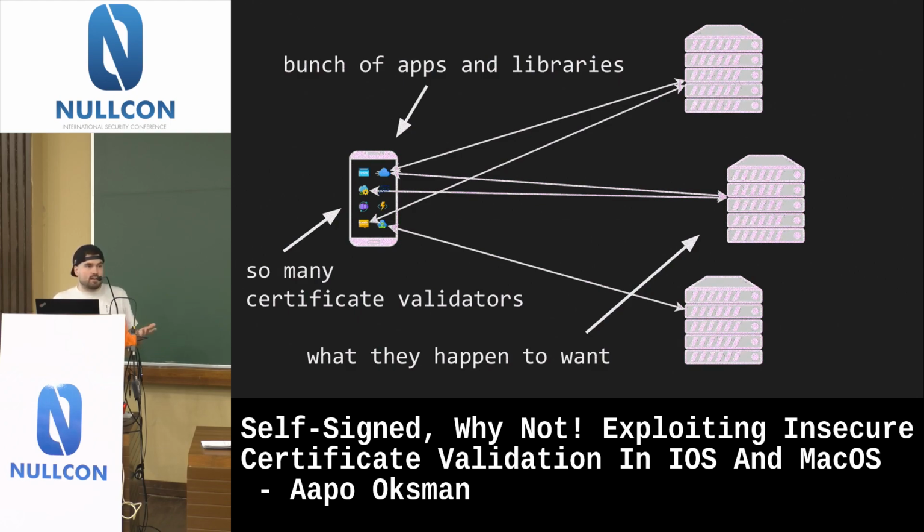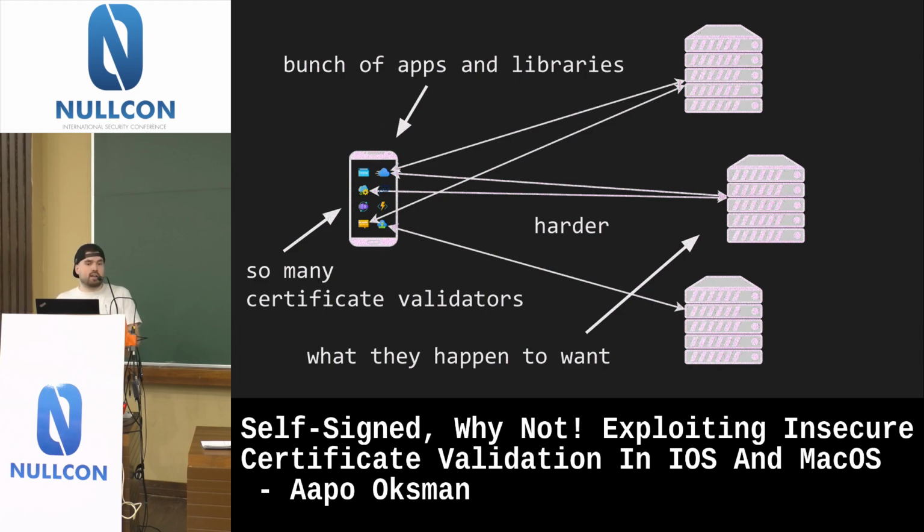There can be hundreds of different certificate validators. Some of them might be running something like curl insecurely, and some of them might not. So we have to test everything to find out whether a phone is vulnerable to these exploits or not. And this is, of course, a lot harder.